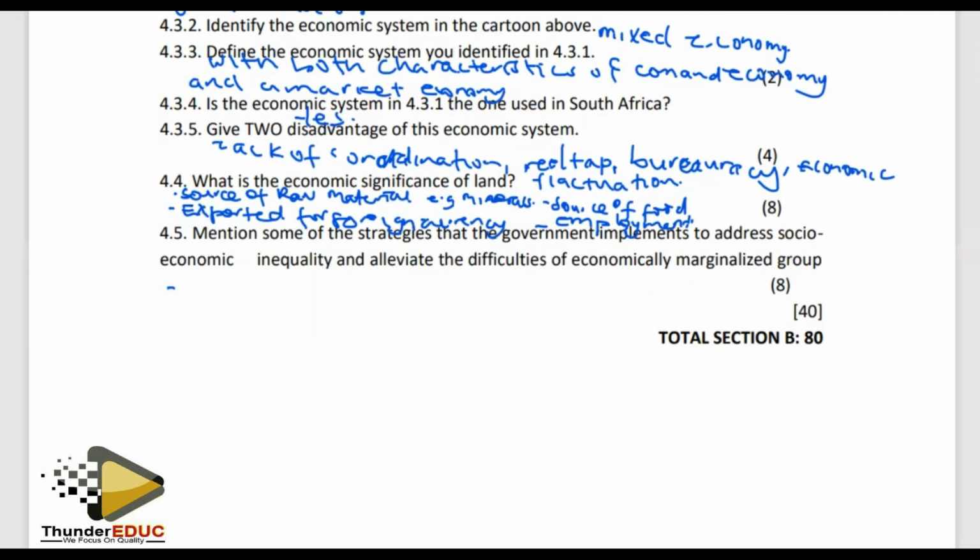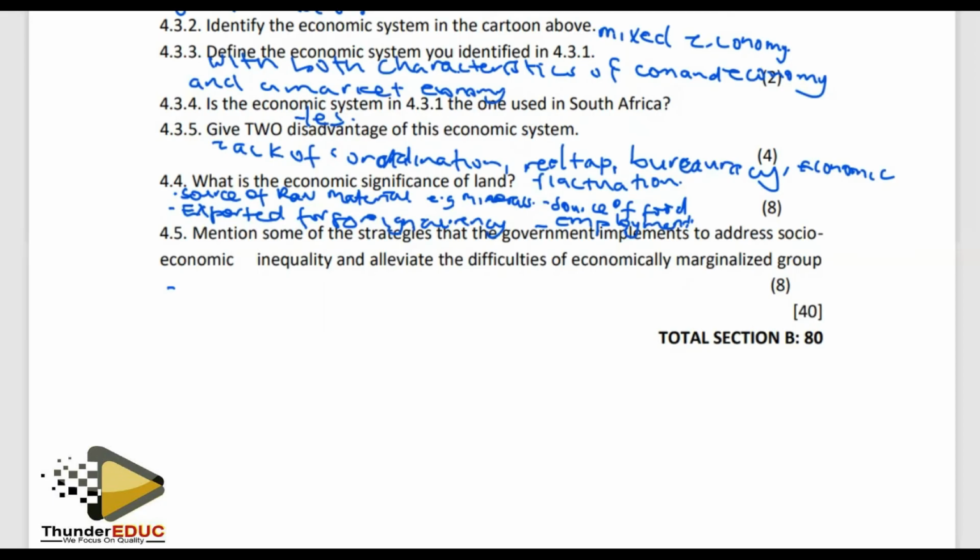So what strategies has the government adopted to make sure that there is an eradication of economic inequality and alleviation of economic marginalization?